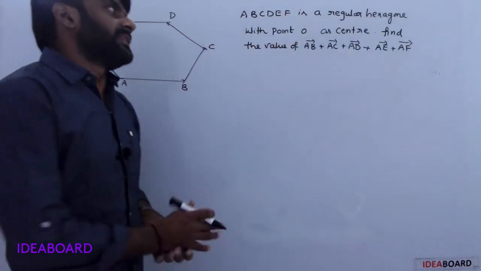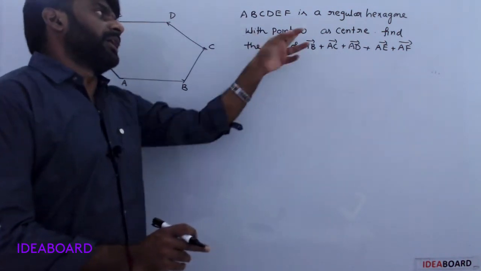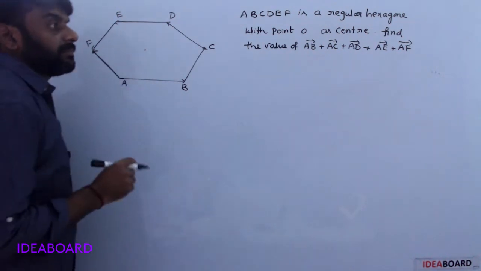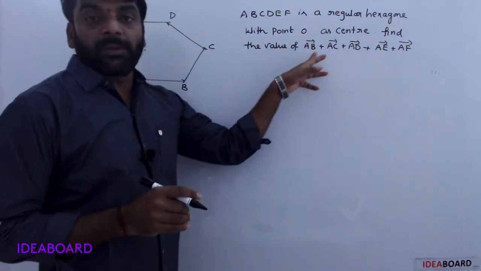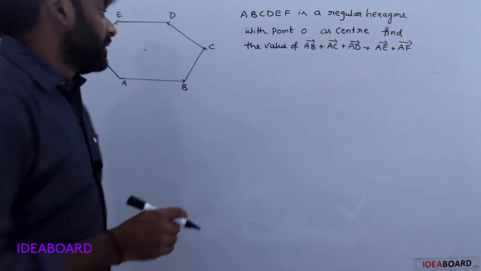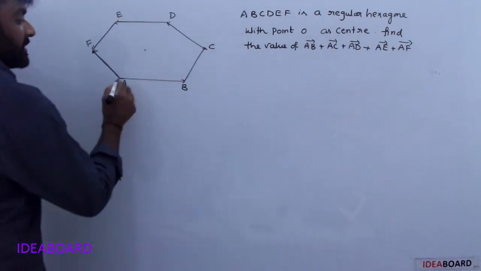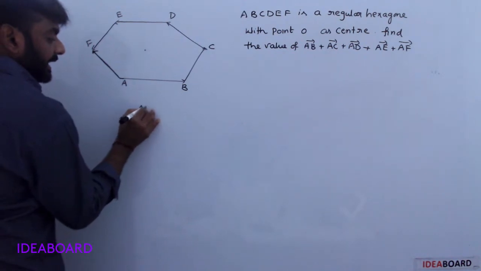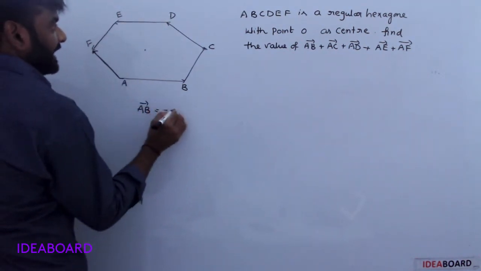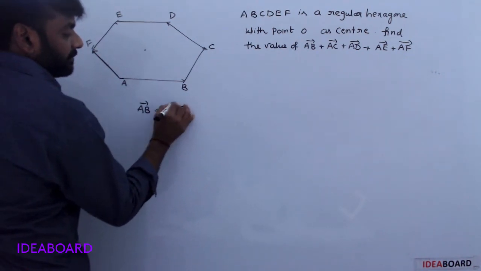ABCDEF is a regular hexagon with point O as center. This is the point O. It is the center. Find the value of AB bar plus AC bar plus AD bar plus AE bar plus AF bar.